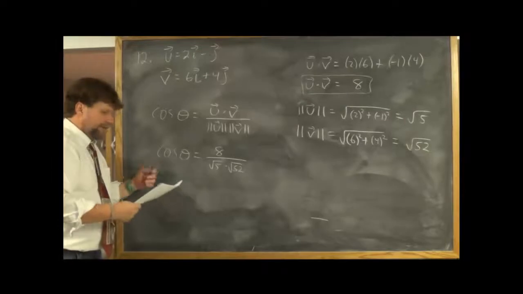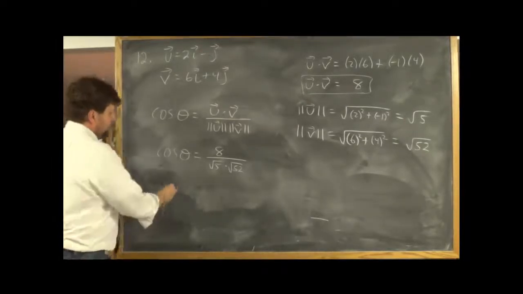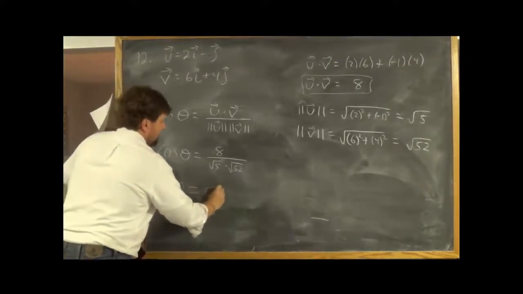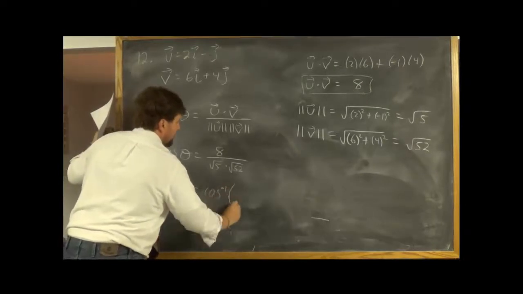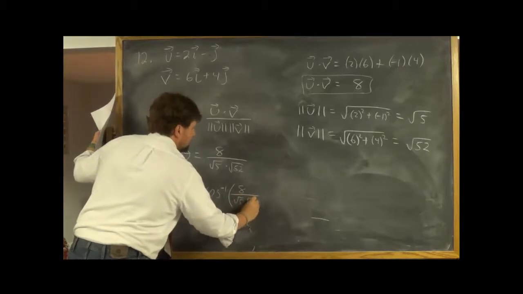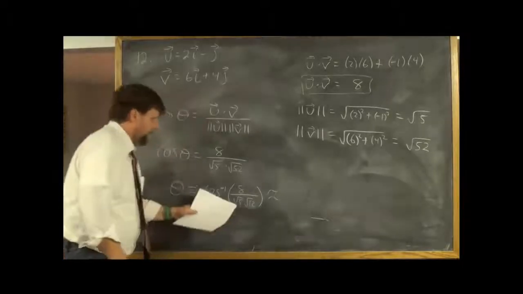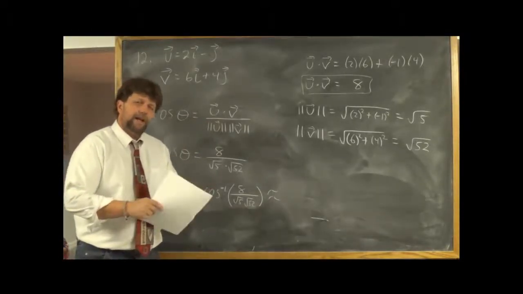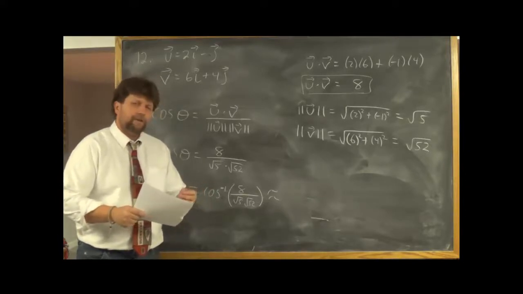So this is what the cosine of theta is, which means to get theta, we will use inverse cosine. So it's inverse cosine of 8 over the square root of 5 times the square root of 52. And by the way, when we find an angle between vectors, let's find them in degrees.